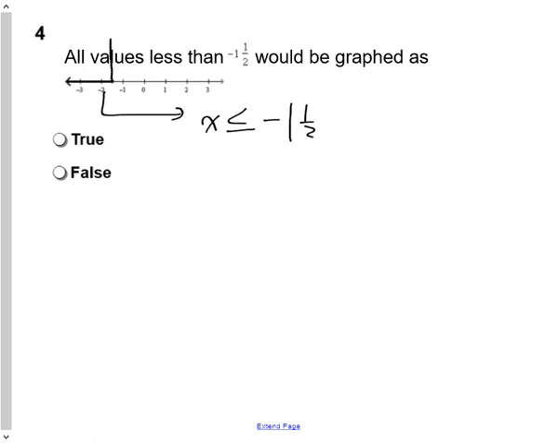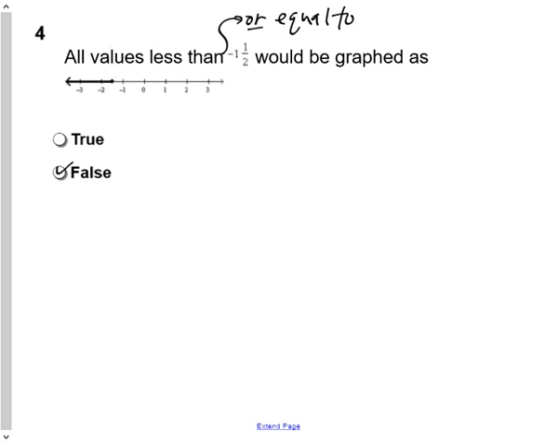Because this is a closed boundary point, it includes the value -1.5, and since it says all values less than and not including equal to, this symbol is not a part of it, we must say false. If it had said all values less than or equal to -1.5 would be graphed as this, then it would have been true because of that closed boundary point. But because that closed boundary point was there, you must include or equal to.